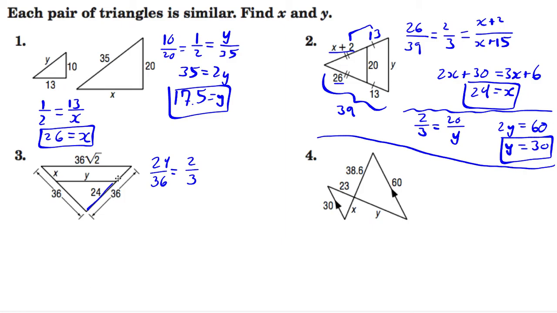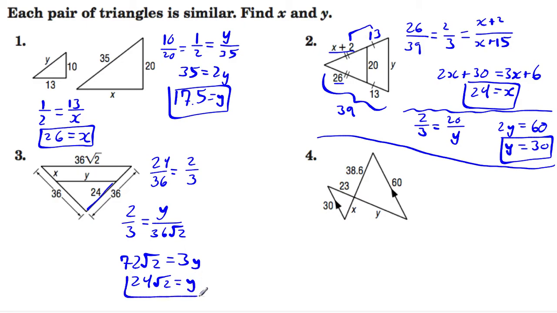Let's find y first. So 2 to 3 is the small to the large. The small triangle has this side y going across, and the large triangle has 36 root 2 going across. So we cross multiply, and we get 72 root 2 is equal to 3y. We can divide that by 3, and 72 divided by 3 is 24. So we get 24 root 2 is equal to y.